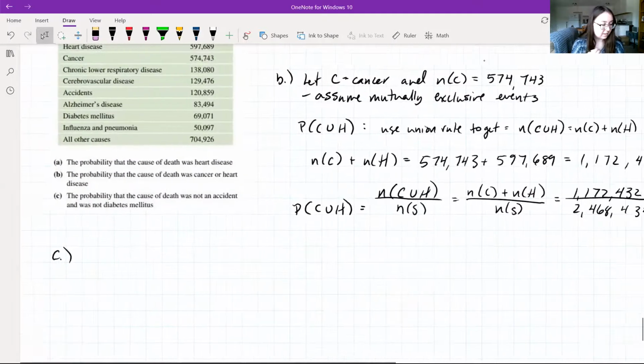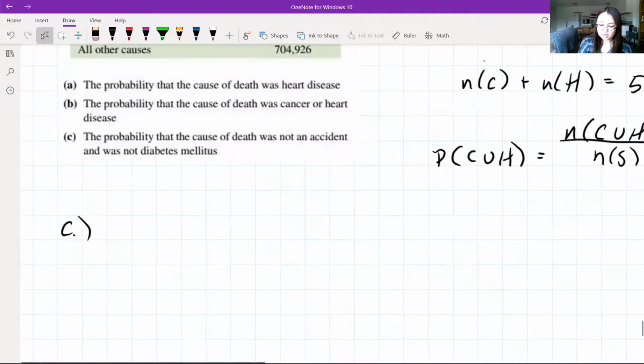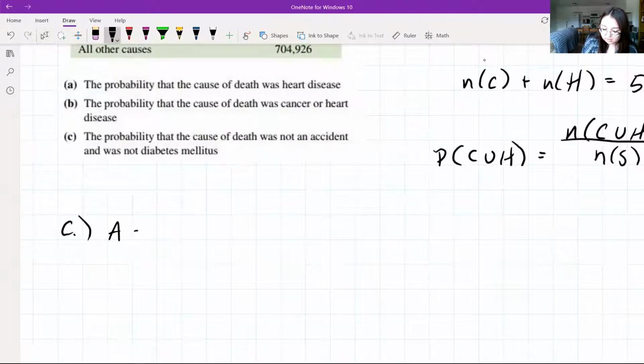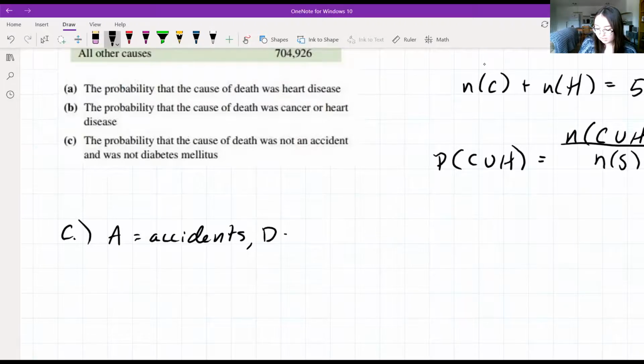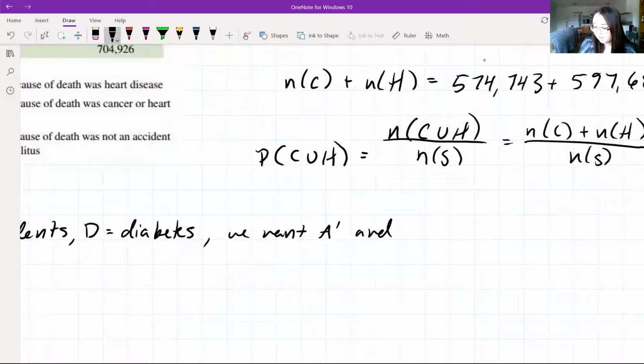So if we're thinking about not diabetes and not an accident, we know that if we let A equal accidents and D equal diabetes, we want A complement and D complement.